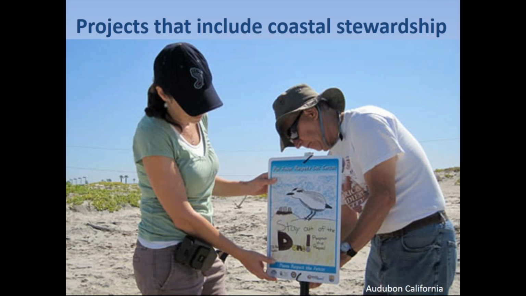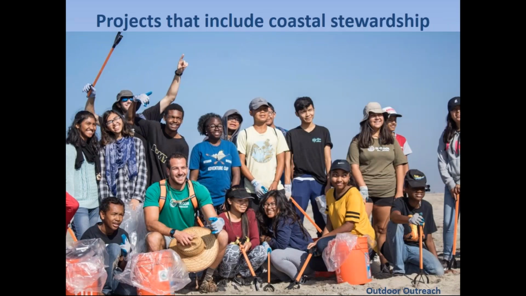In this example, signs to protect snowy plovers on this beach in San Diego were designed by school kids. Another example of stewardship is a shoreline cleanup. Ideally, we like to see that the stewardship aspect is well integrated with any educational aspect. So there's context that helps give the stewardship activity meaning to the participants.